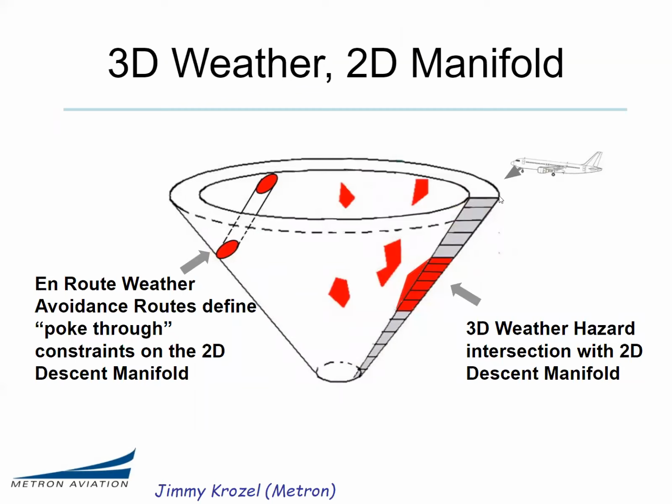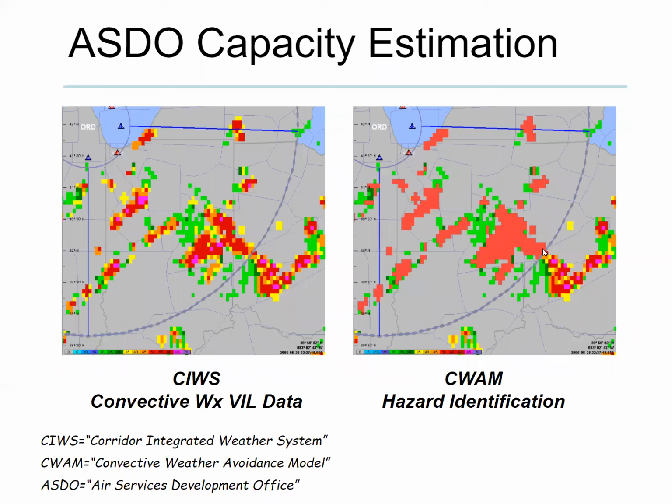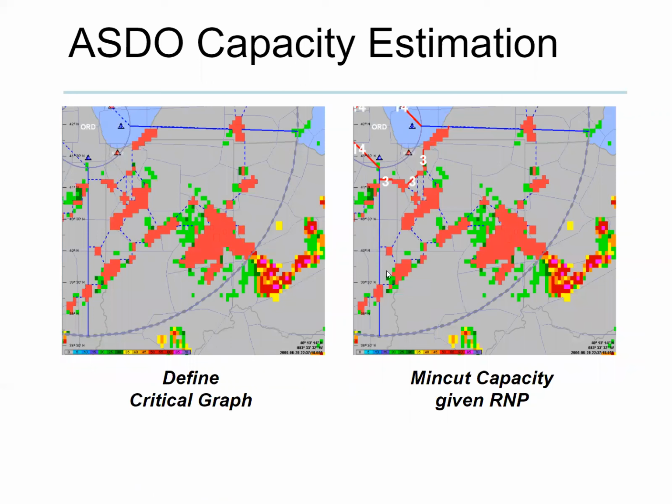So here's this example of the manifold. Yes, it's a three-dimensional thing, but you're really looking at the two-dimensional surface of it, the two-dimensional manifold. And the weather systems, they are just some obstacles, some poke-throughs, as en route. So you look at the weather system, and again you can define the same kind of graphs in which you search for the path.